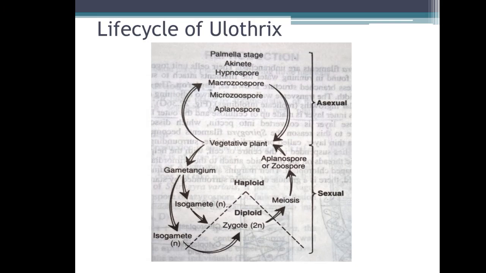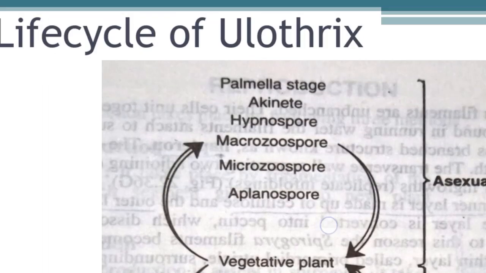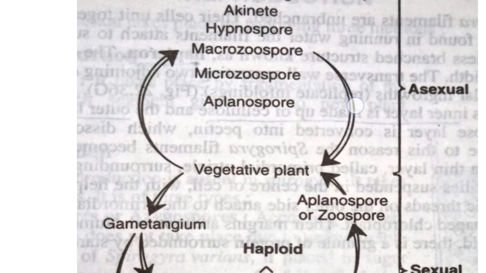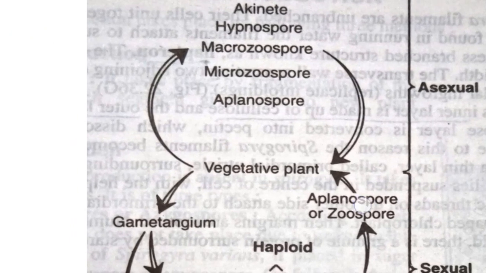It is the schematic diagram of the life cycle. Here you can observe the vegetative plant, and these are the palmella stage, the akinete stage, hypnospore, macrospore, microspore and aplanospore, all the asexual products of Ulothrix.